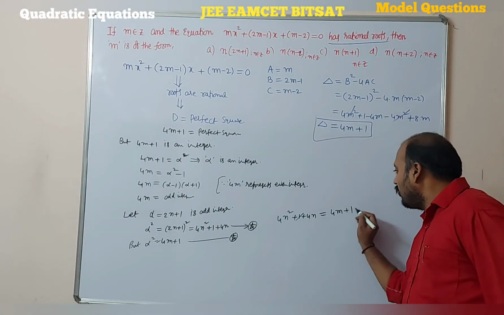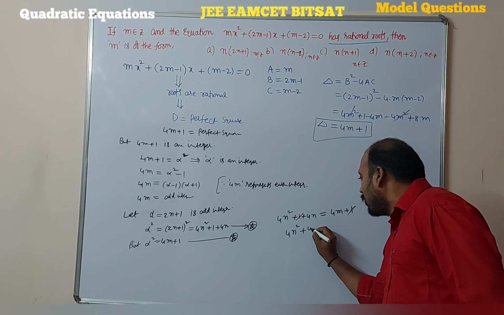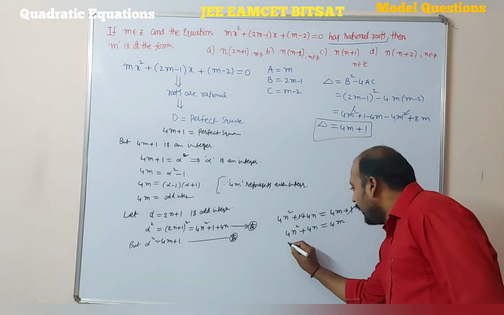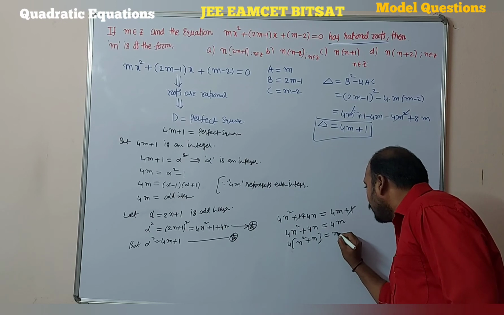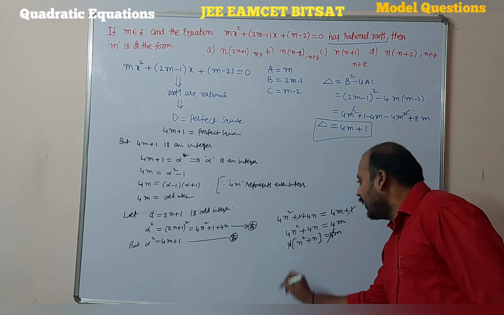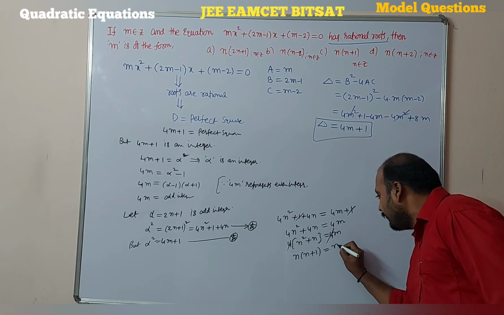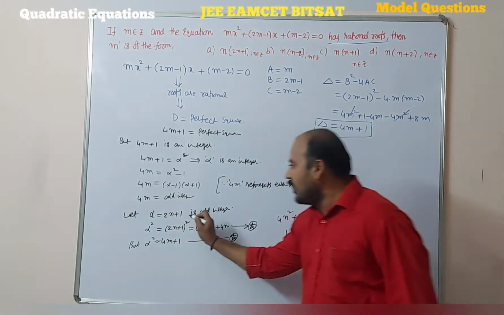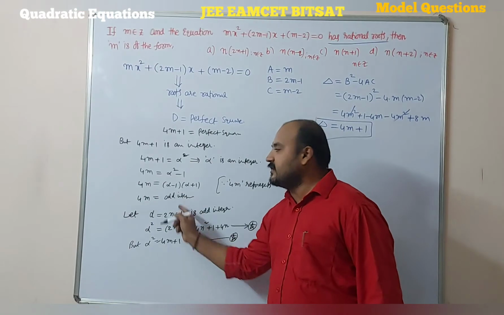Both sides 1 get cancelled. So 4n square plus 4n is equal to 4m. Taking 4 common, n square plus n is equal to 4 times m. 4 get cancelled. Taking n common, n into n plus 1. Here we are assuming that alpha is 2n plus 1, an odd integer.